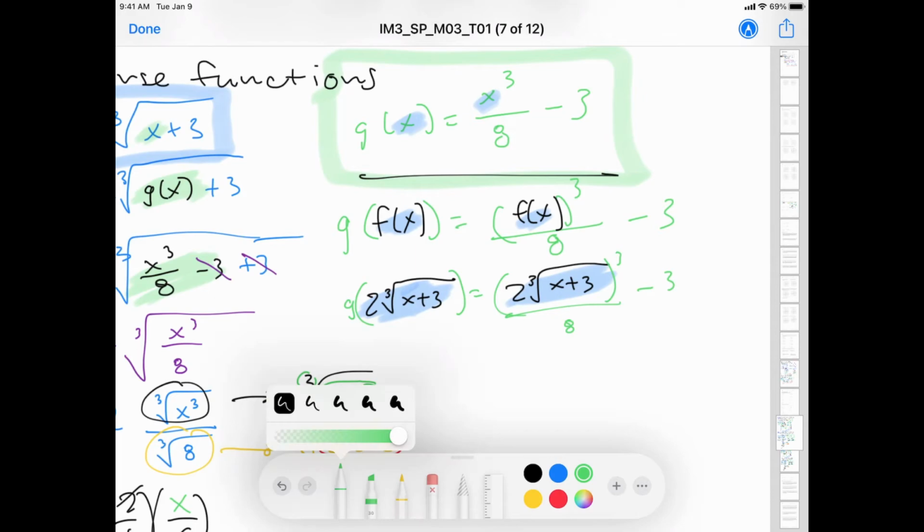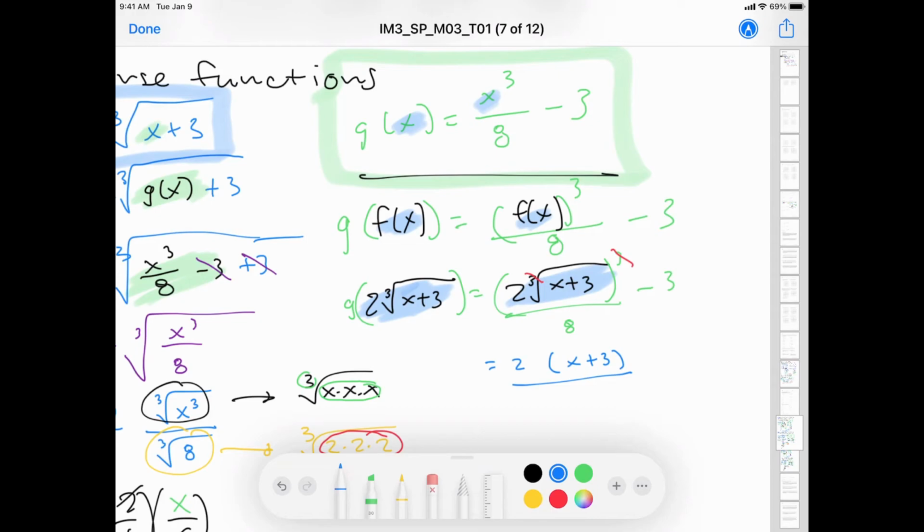Let's simplify this. So number one, this power 3 and the radical sign with the power 3 are now gone. Okay? This will leave us with 2 times x plus 3 over, let me think about this really quickly.